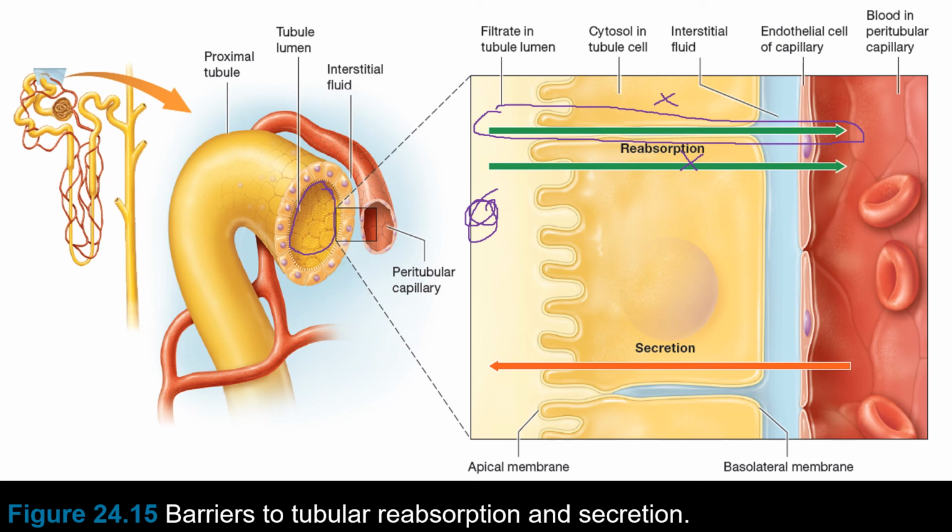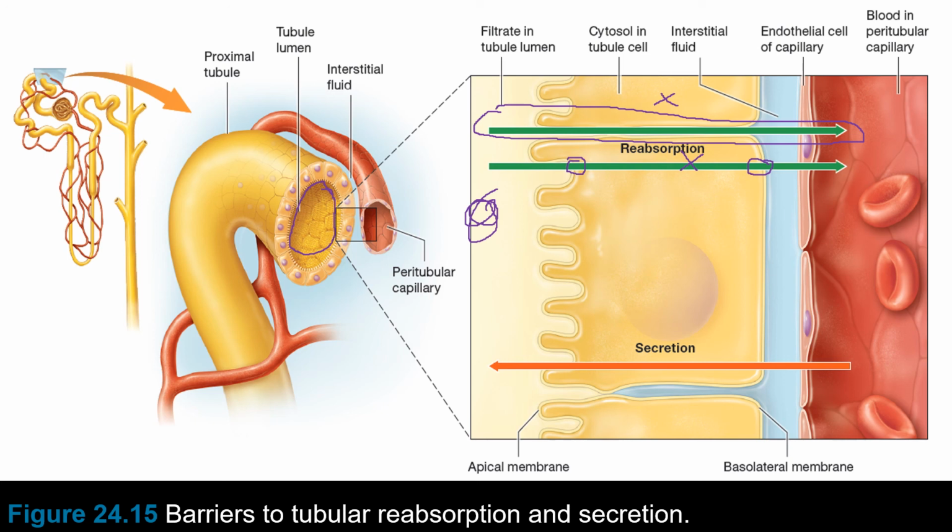Now, you also have the transcellular route, where solutes like glucose or other macromolecules have to be transported across the membranes. That requires a carrier here and a carrier here. That could potentially be passive diffusion requiring no energy, but it's more likely to require some ATP in the form of active transport.